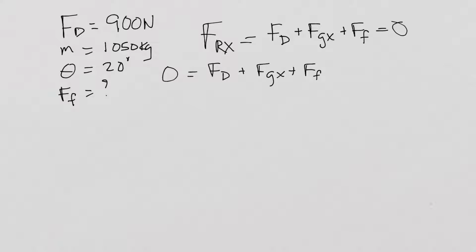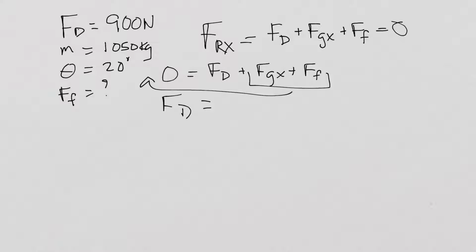So, if I sit here and I say FD is then equal to, and I bring these two guys over to the other side, their negatives then become positives, do they not?